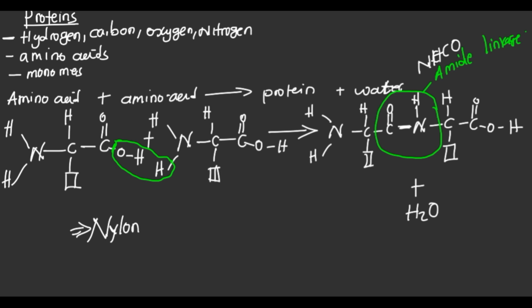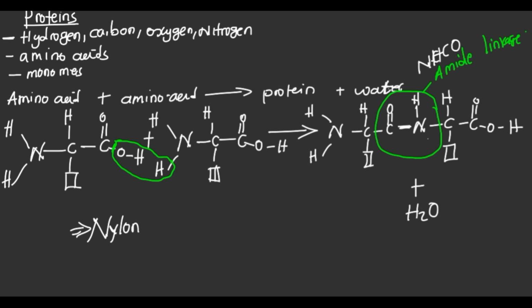Nylon and proteins share the same linkage. Even nylon has the amide linkage. The only difference is that nylon is synthetic, which means it is man-made, while proteins are natural macromolecules. But the similarities, they both have the amide linkage with the formula NHCO.